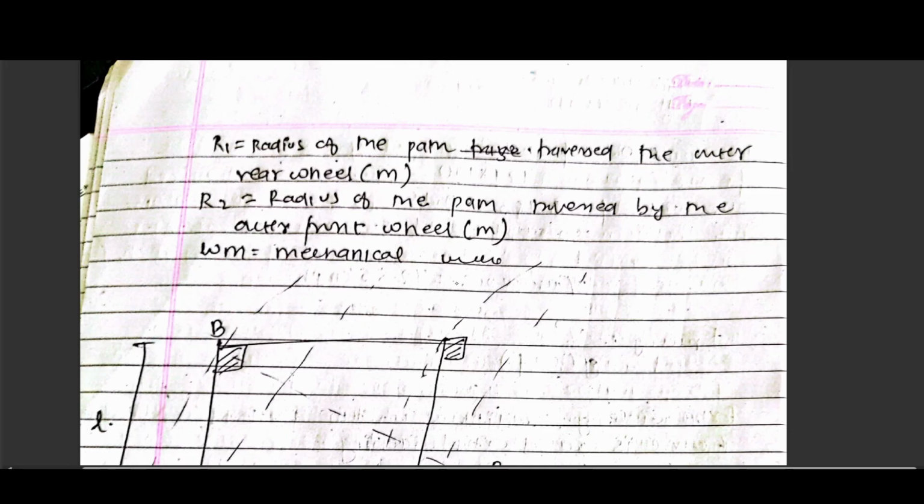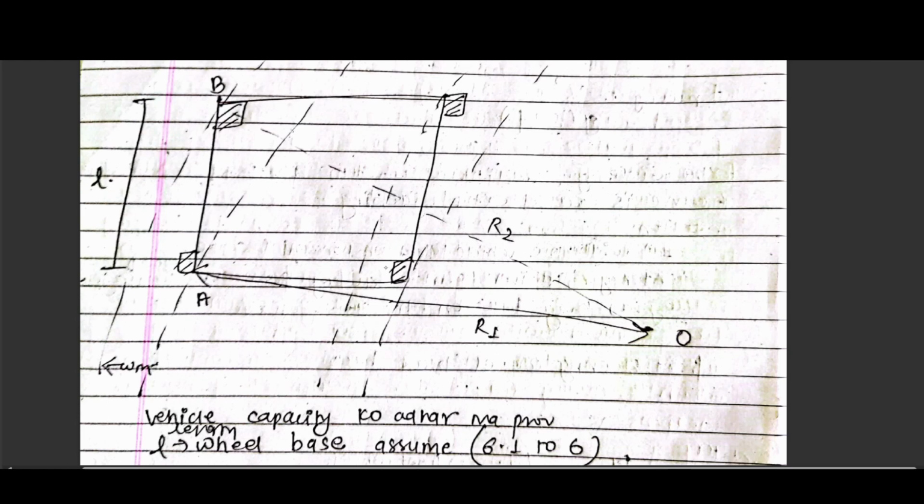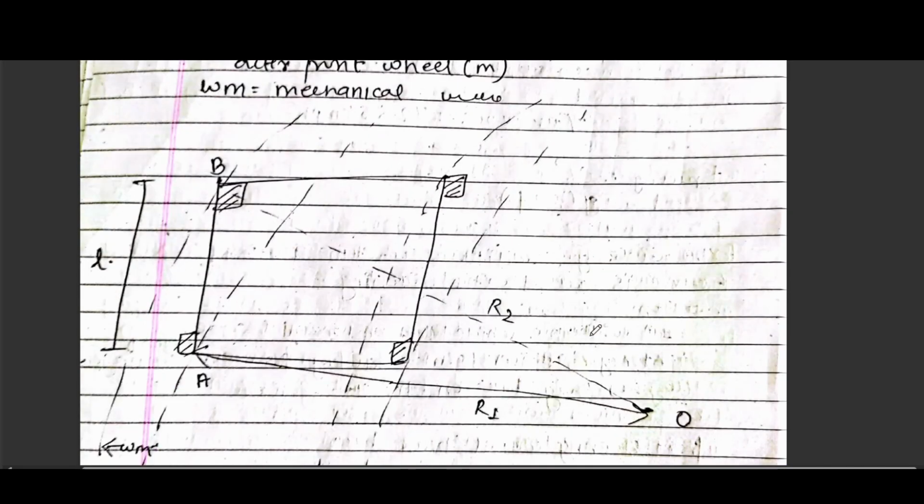Let's go on deriving the formula for the extra widening. Here the vehicle is moving in a circular path. Let me create this figure.